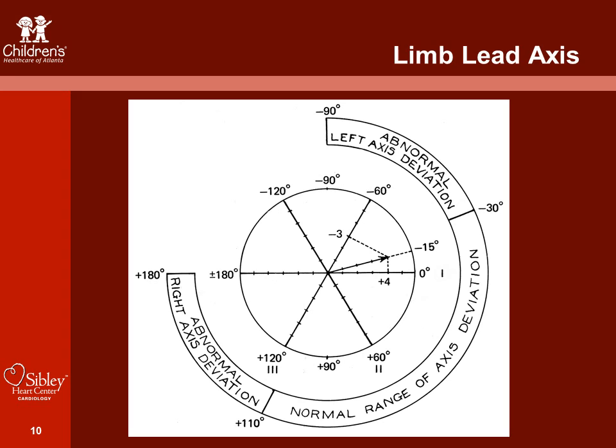Whereas someone has right axis deviation if their axis is determined to be in the plus 120 to positive 180, versus someone who has left axis deviation if their QRS complex axis is determined to be more negative than minus 30.